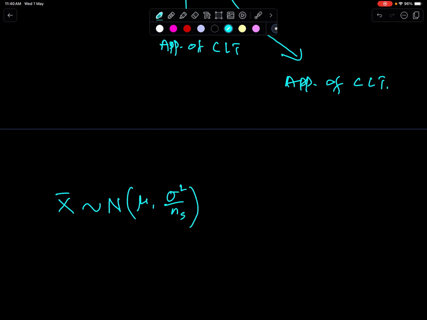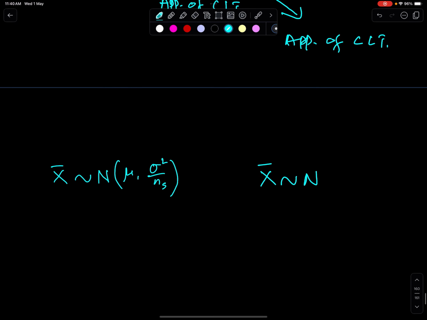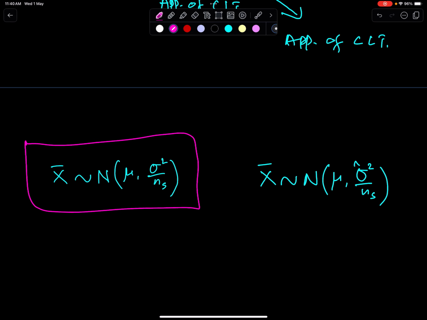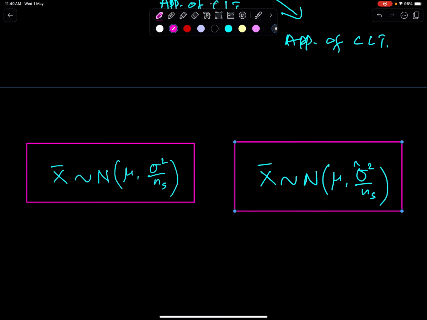Distribution of X bar is approximately normal if n is large and population is unknown or non-normal. This is for case B, and this is for case C2, sigma cap square over n. These are the distributions for X bar.